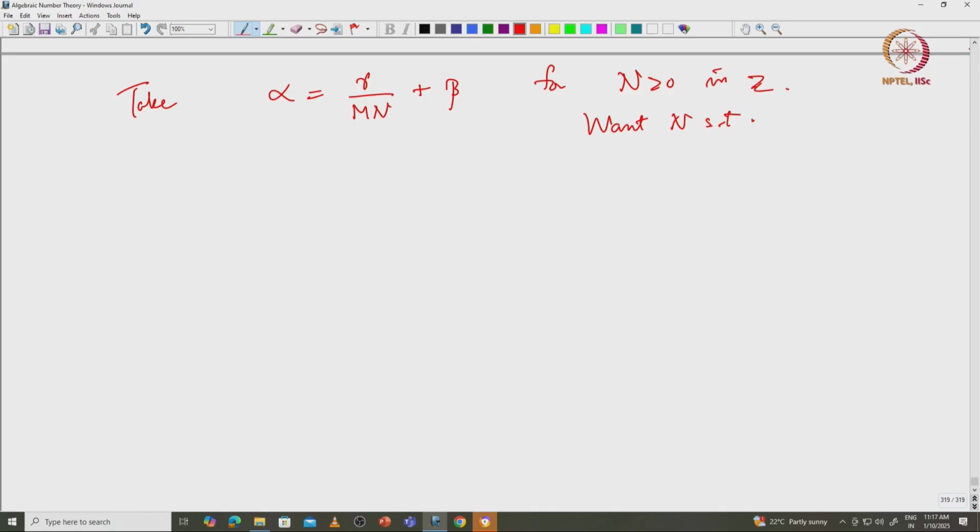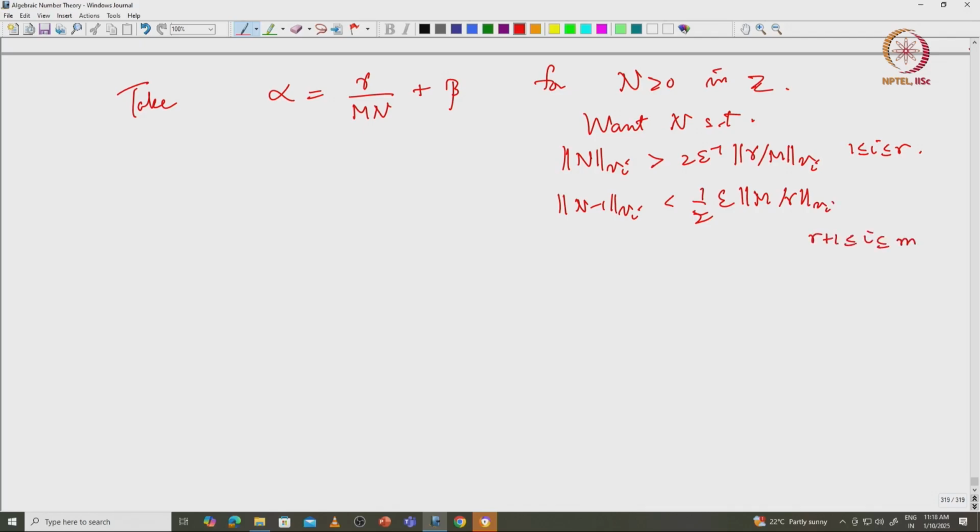The valuation at Vi of n is bigger than 2 epsilon inverse valuation of gamma by m at Vi for 1 less than or equal to I less than or equal to R, and then the valuation of n minus 1 at Vi is less than half epsilon valuation of m by gamma at Vi for R plus 1 less than or equal to I less than or equal to m, right.